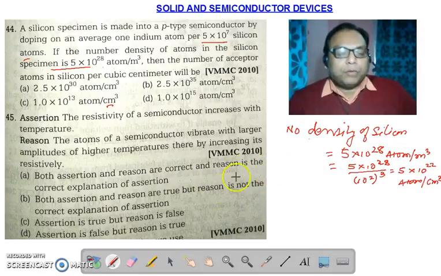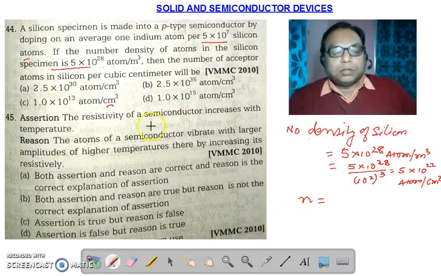Now what we have to find? We have to find the number of acceptor atoms in silicon per cubic centimeter. So we can simply divide the number density by the doping number density.